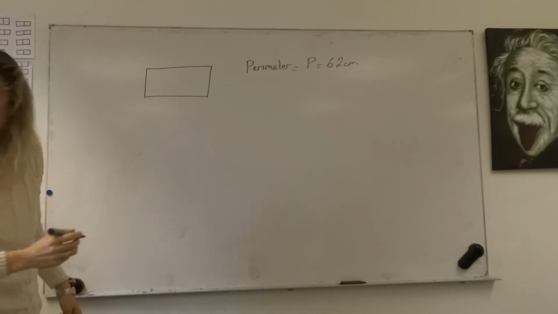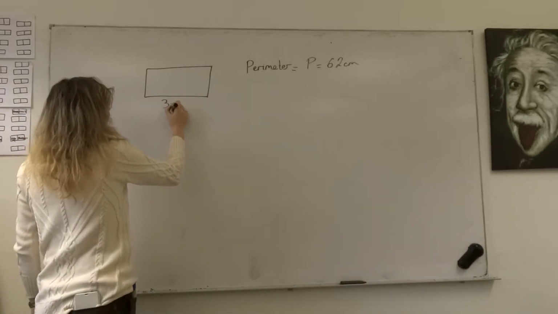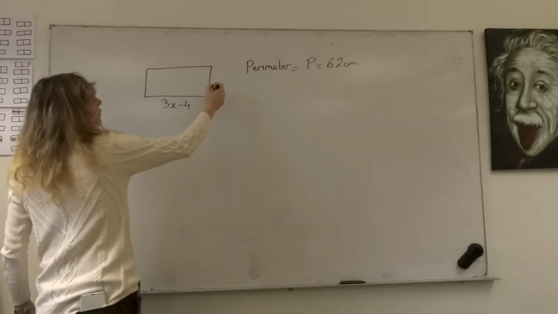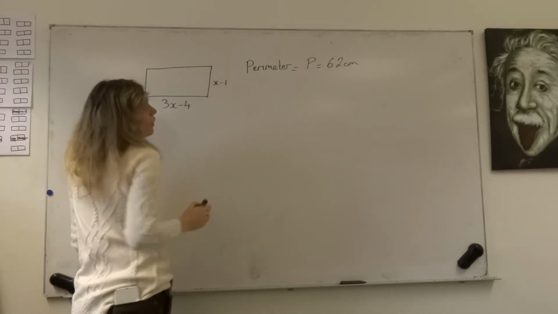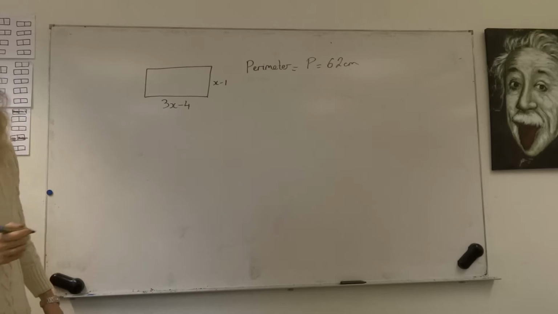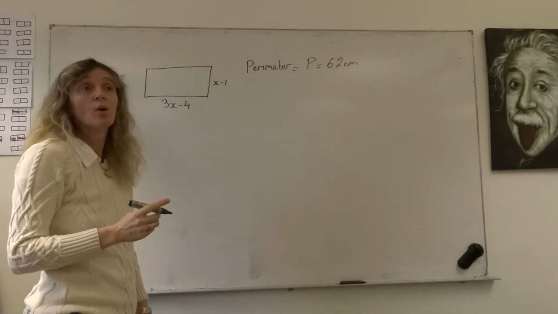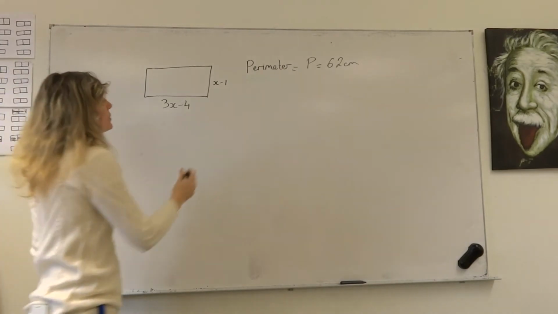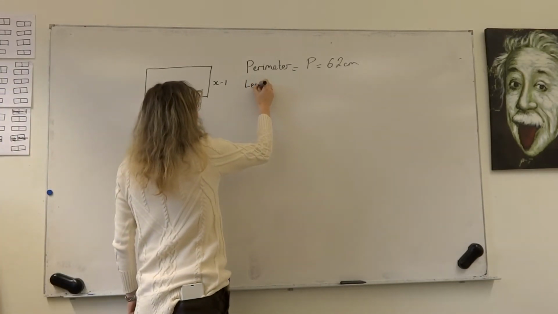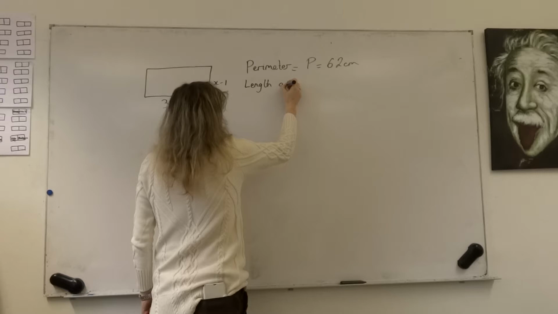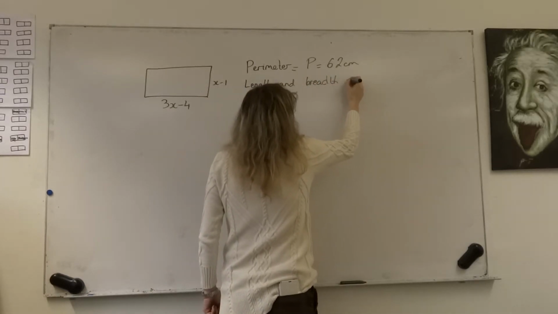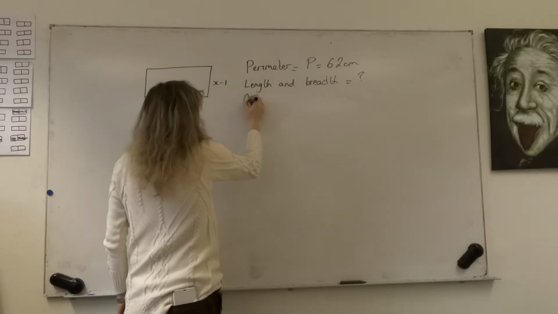And then they tell you that the length of the rectangle is 3x minus 4, and the breadth of the rectangle is x minus 1. Solve for x, work out the lengths of the sides and the area. So, you have to work out length and breadth, summarize the question, draw the sketch. And area equals.